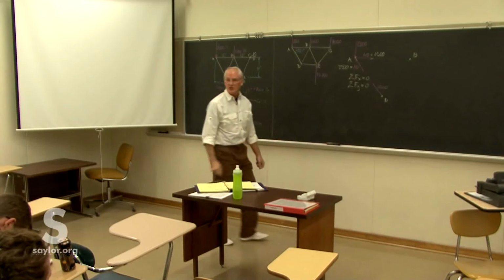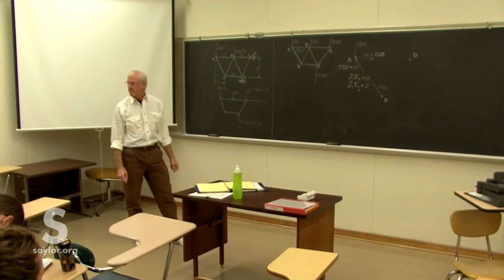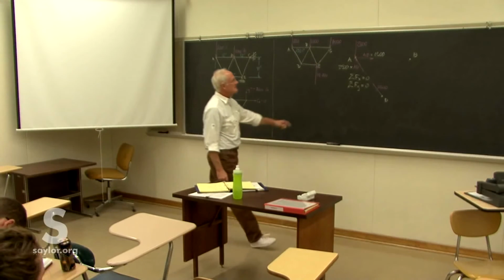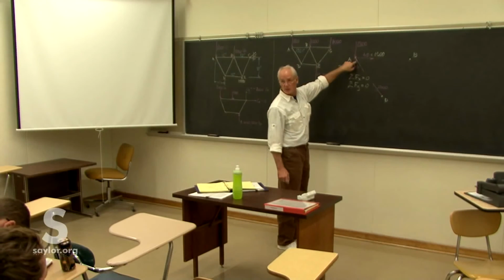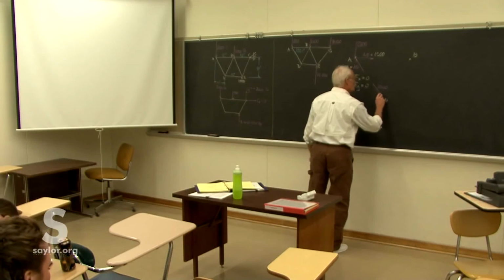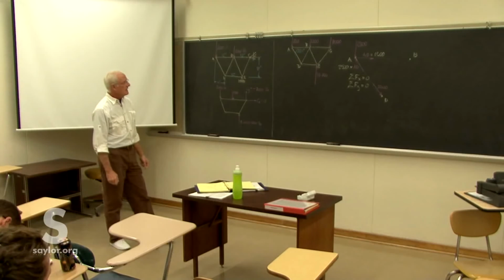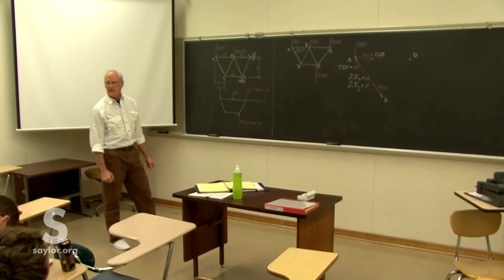Do I know the direction of it? It's equal and opposite to this one, because remember, these are the forces coming from the member that's connecting them, and that has equal and opposite forces.